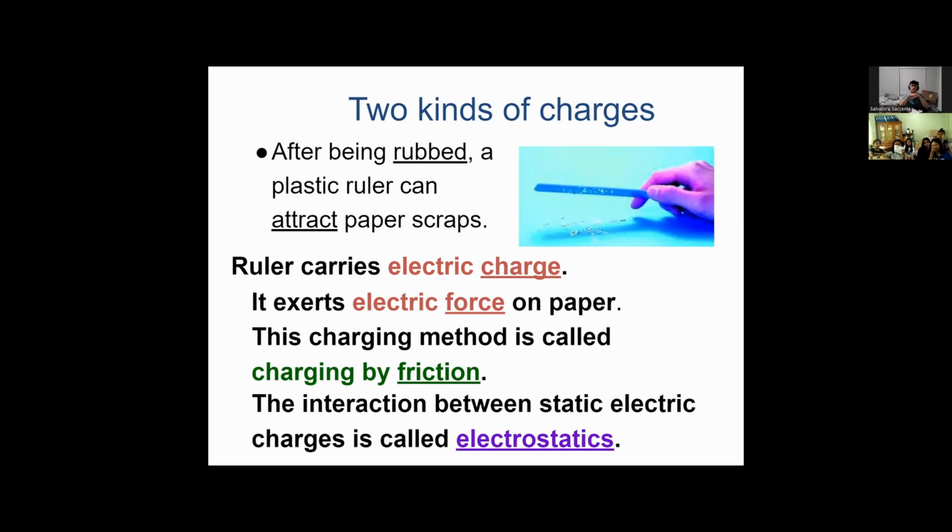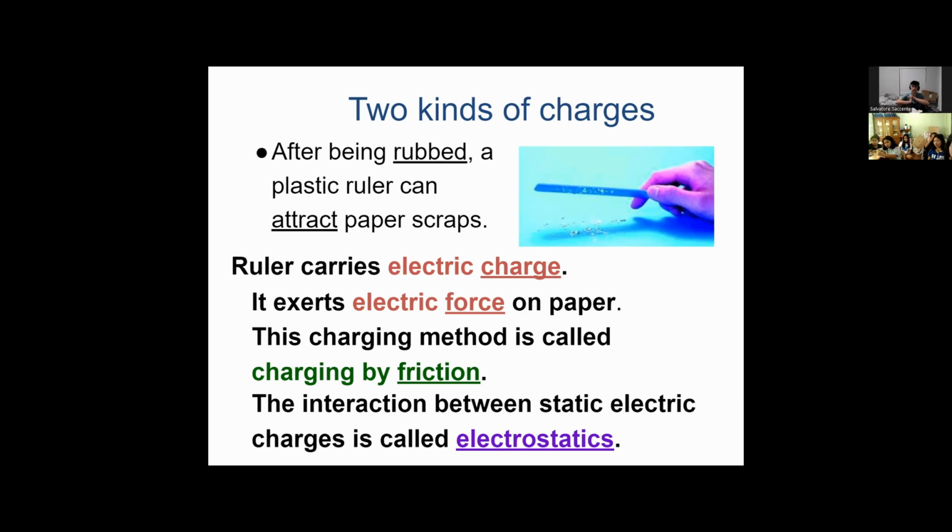So this is describing the two kinds of charges. There's a picture to the right. It has a ruler, not a pencil, but a ruler, the one that measures. After it's rubbed like this, with friction, on your hair, whatever it is, it can pick up negatively charged particles and attract the paper scraps, and you can see that the negative and the positive attract each other.